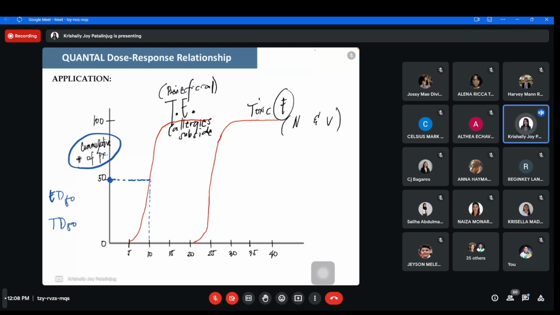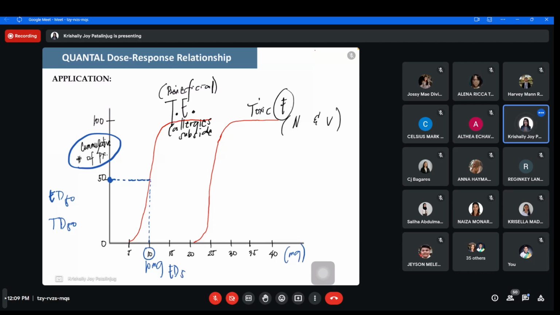So ito, under therapeutic effect, the effective dose na observed sa 50% of the given population, that's the ED50, so that's 10 milligram. Okay? Milligram to halimbawa. So ito yung magiging ED50.